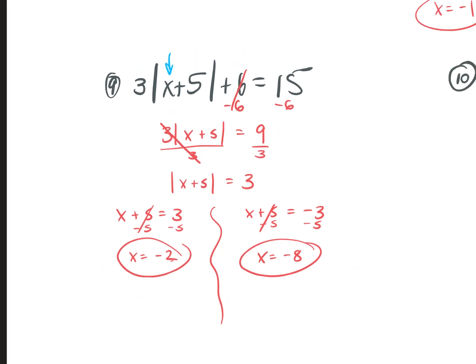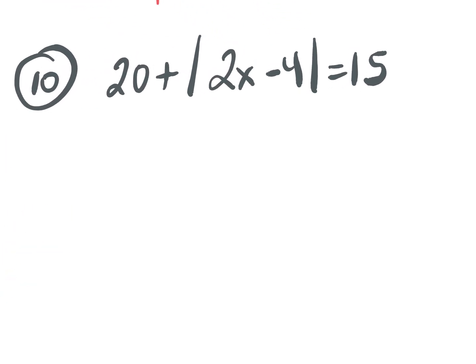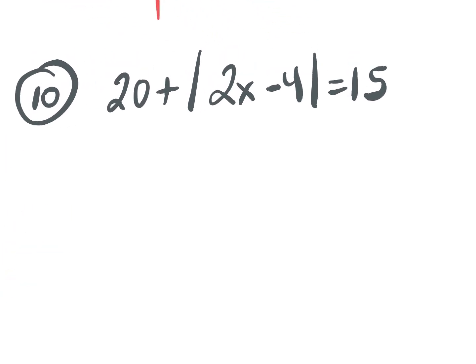Let's look at number 10. What should we do first for number 10? Move the 20 over, so we're going to subtract 20. So the absolute value of 2x minus 4 is equal to negative 5. Let's think about this for a second. What did we say that the absolute value turns our number into? A positive.